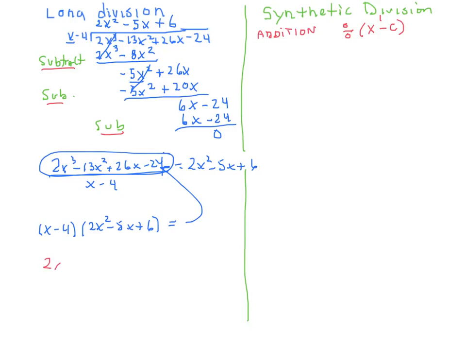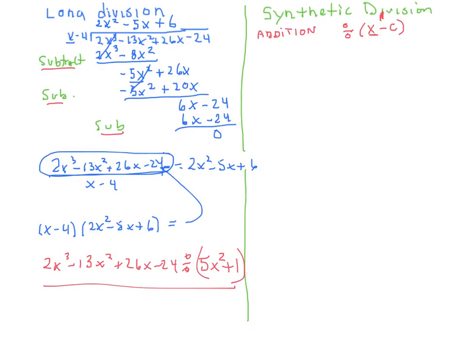You could have taken 2x to the third minus 13x squared plus 26x minus 24, and you could have divided by 5x squared plus 1. It doesn't matter, it works. Here, you can only use synthetic division when you're dividing by a binomial who has the variable to the first power. Whoops, I didn't mean the 11th power, I mean the first power.